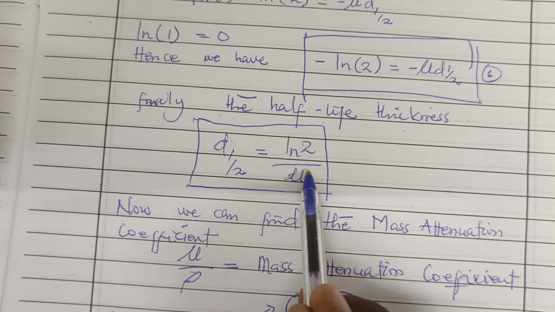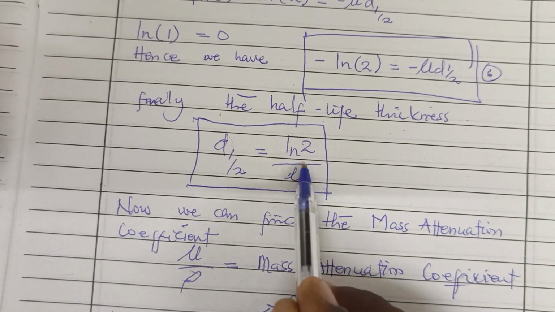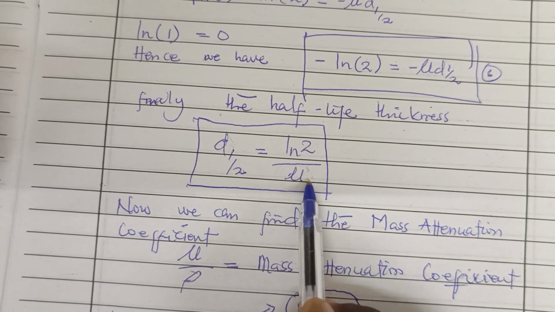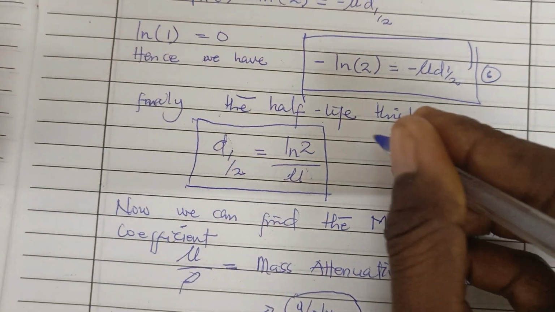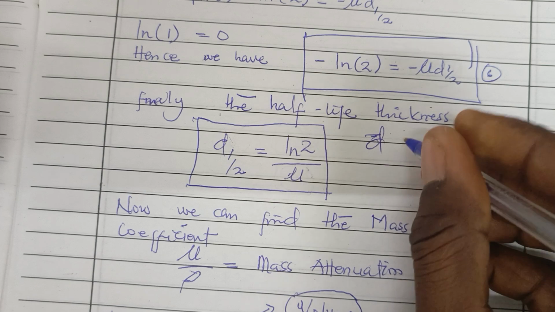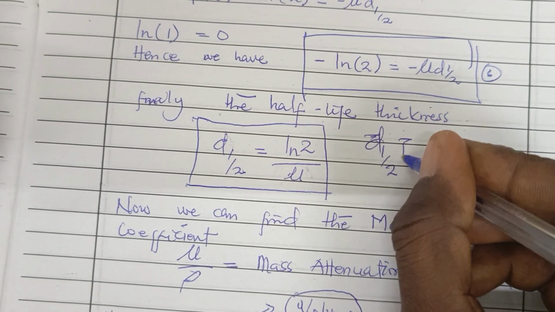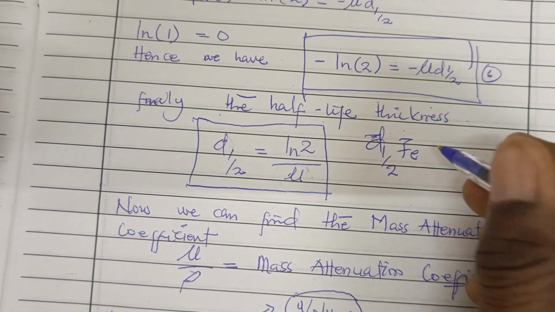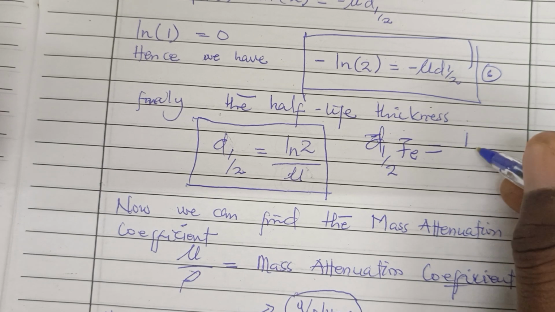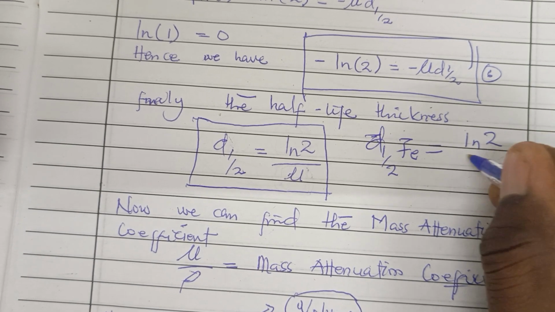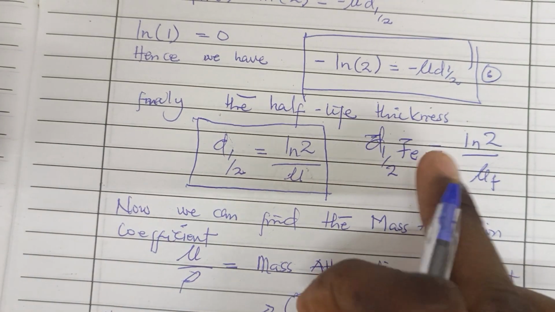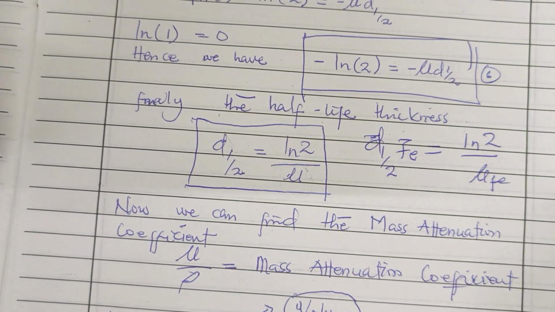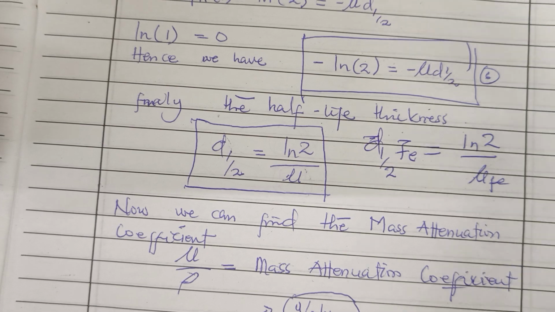Now, mind you, we've already found the absorption coefficient for all the materials. So if you take iron, you can just write that D half of iron equals ln 2 over mu, the absorption coefficient for iron.